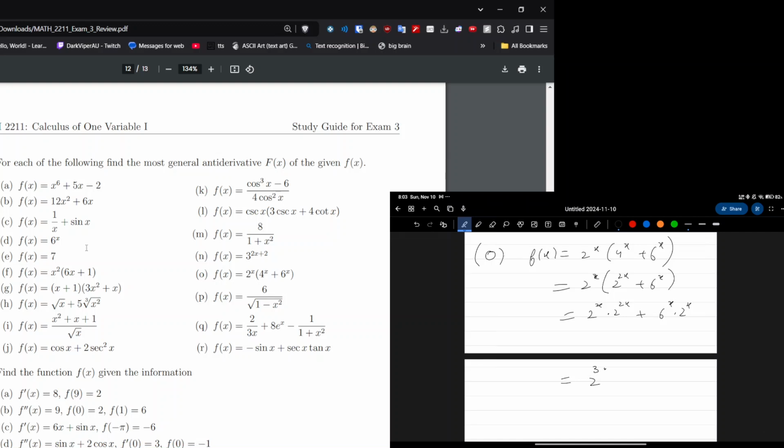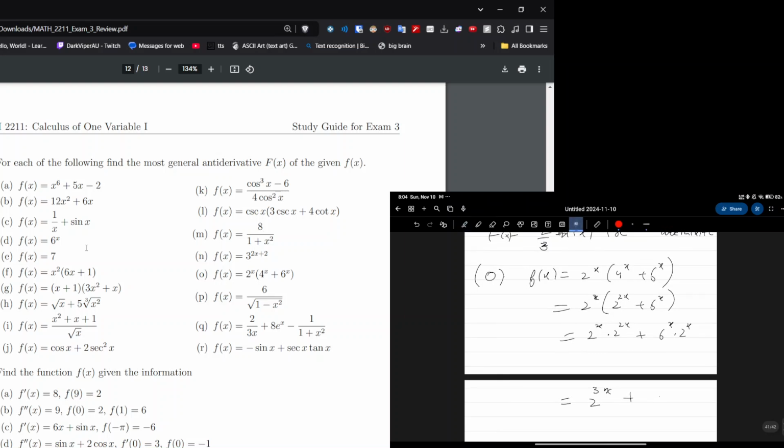So this would be 2 to the power x times 4 to the power x plus 6 to the power x times 2 to the power x.